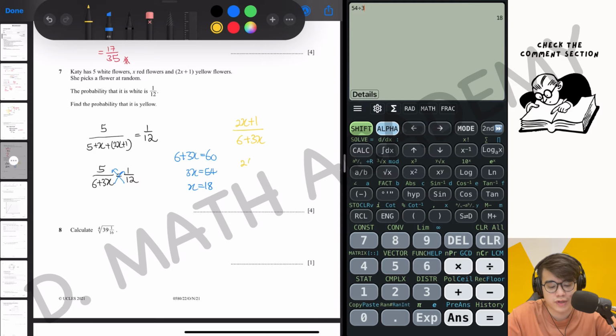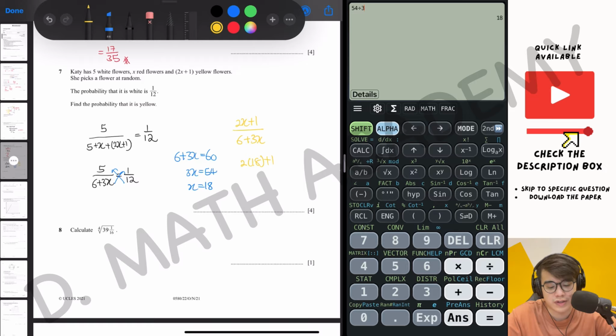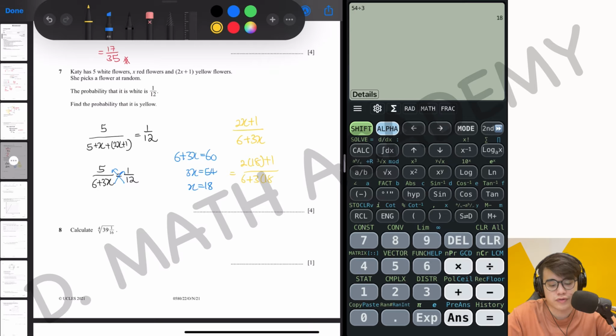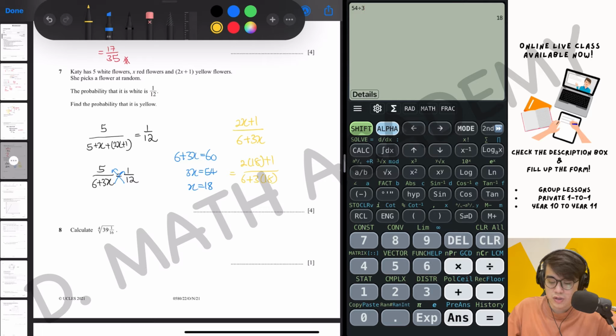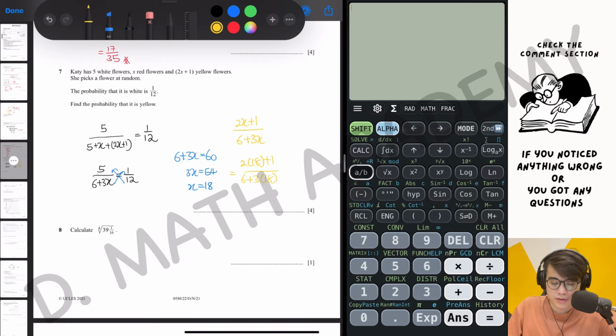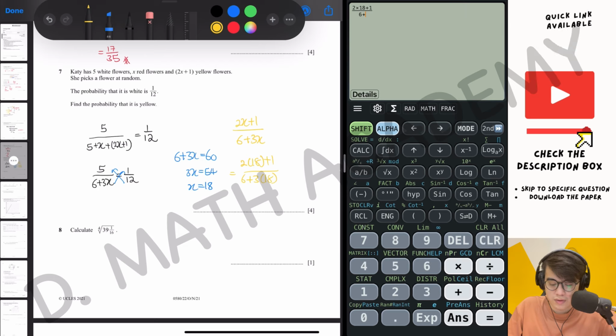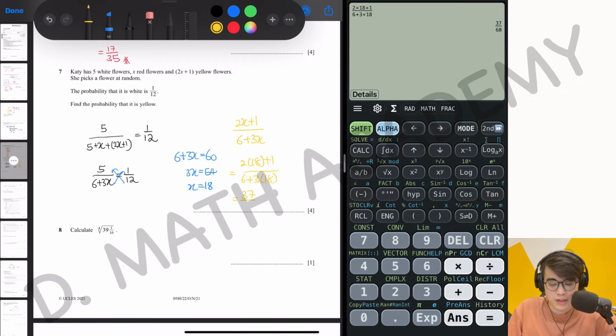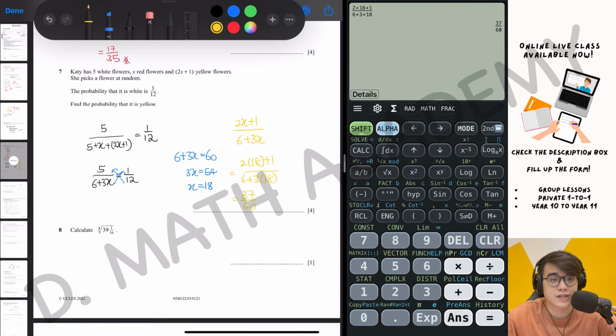So we have 2 times 18 plus 1 at the numerator section, and for your denominator, we have 3 times 18. So when you summarize everything, you will get to your final answer of 37/60.